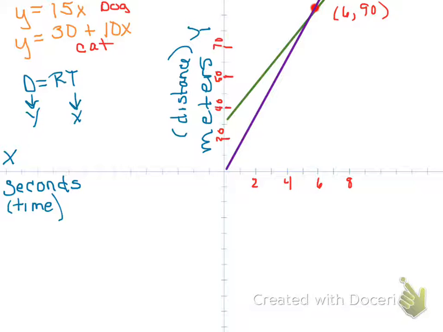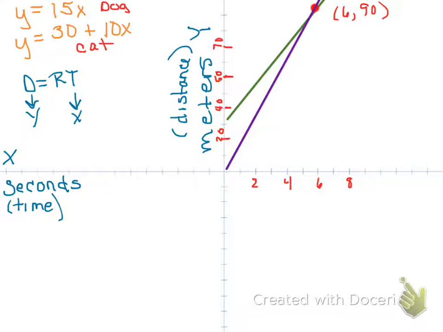So looking at the first equation up top of the dog, what that's telling us is that he can run a certain distance total, given that he can run 15 meters per second.